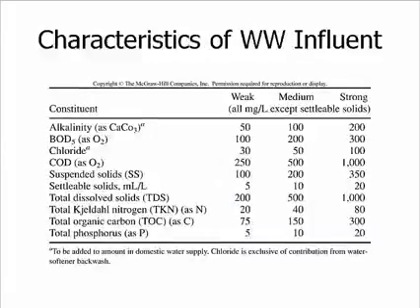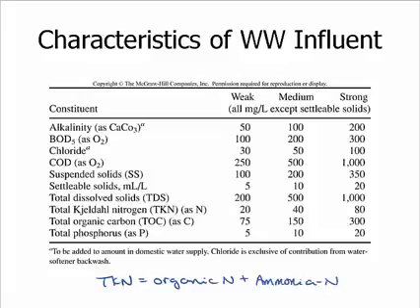Now when we look at the characteristics of influent wastewater, this is an idea of the spread that you would see. So here you have multiple constituents including alkalinity, BOD5, COD, suspended solids, settleable solids, total dissolved solids, total Kjeldahl nitrogen, and total Kjeldahl nitrogen includes organic nitrogen plus ammonia nitrogen, and then total phosphorus and total organic carbon.